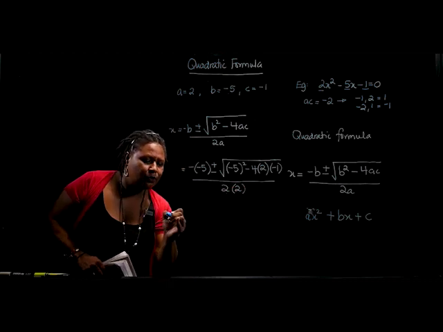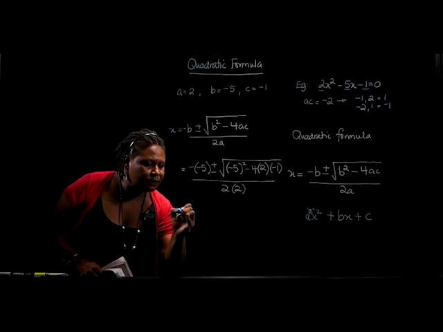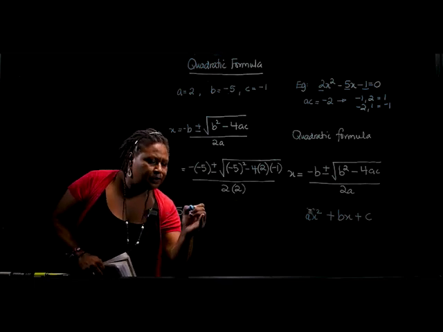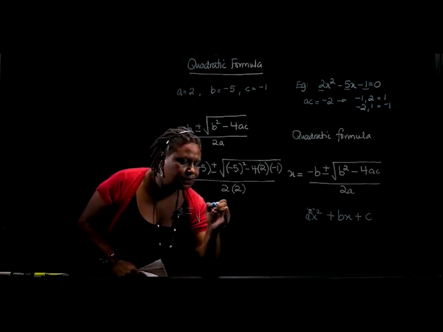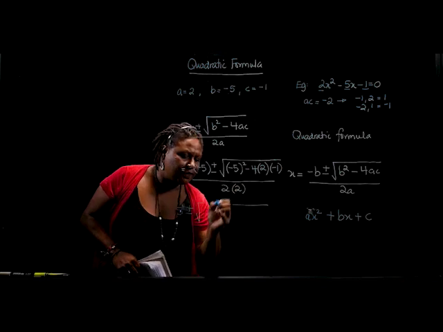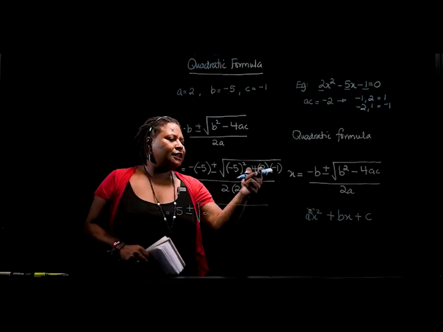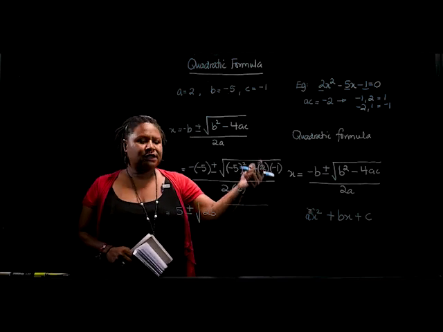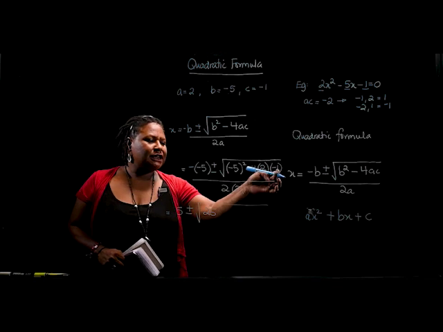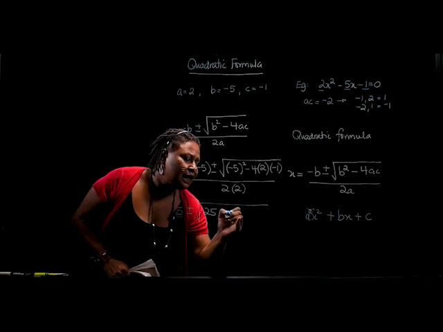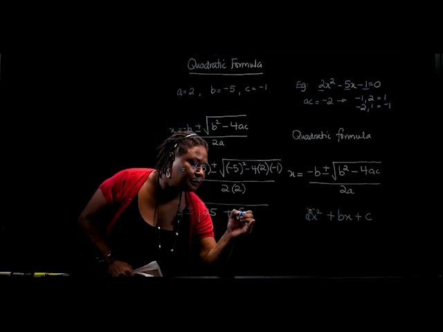Now we simplify. Negative times negative 5 gives us positive 5, plus or minus the square root of negative 5 squared, which is 25. Negative 4 times positive 2 is negative 8. So negative 8 times negative 1 gives us positive 8.